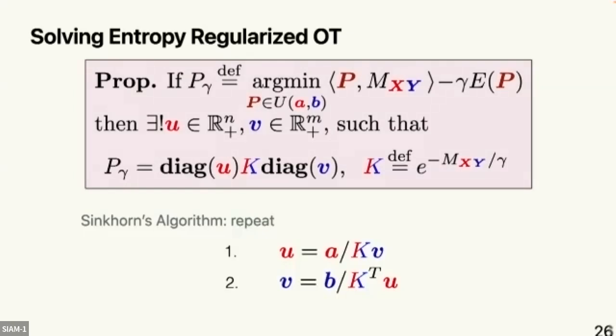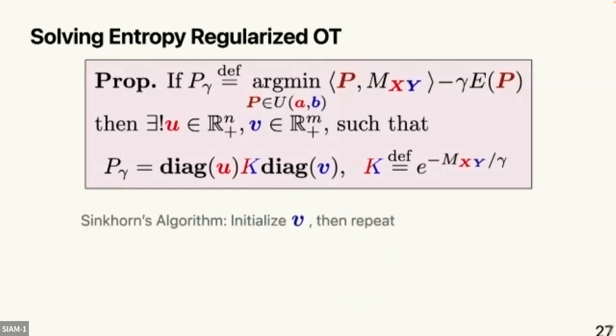These iterations were proposed in the early 20th century by economists who called it the RAS method, or later in the 40s by statisticians who called it IPFP, iterative proportional fitting procedure. But Sinkhorn is the one who proved that this was a legit way to find a matrix that had the right marginals, row sums and column sums.